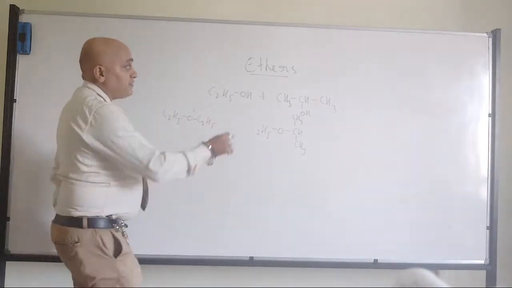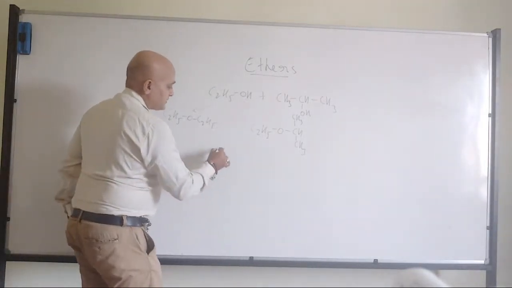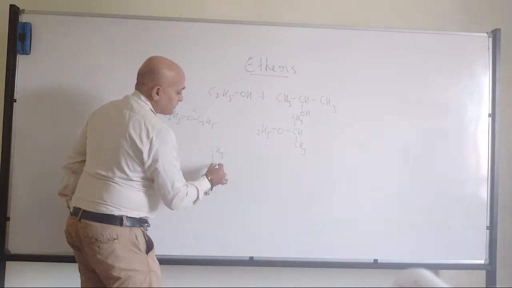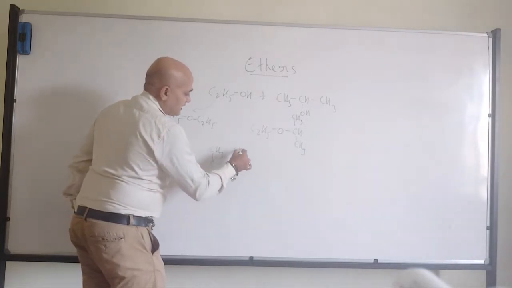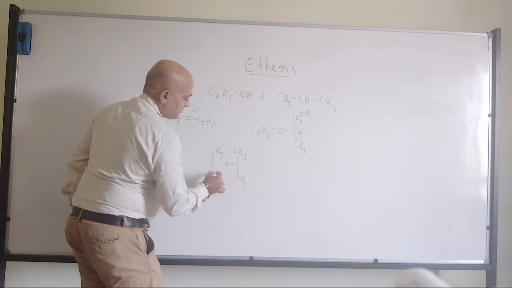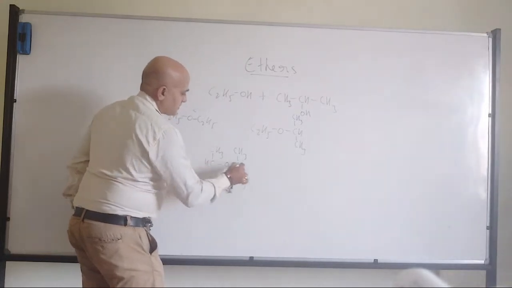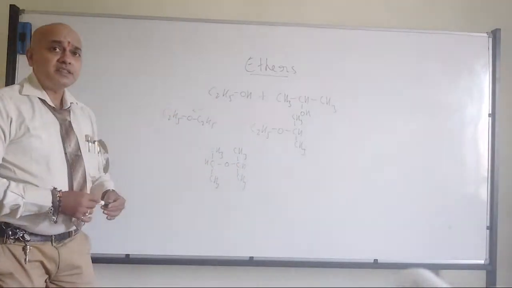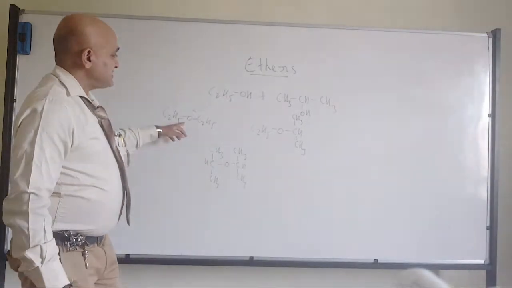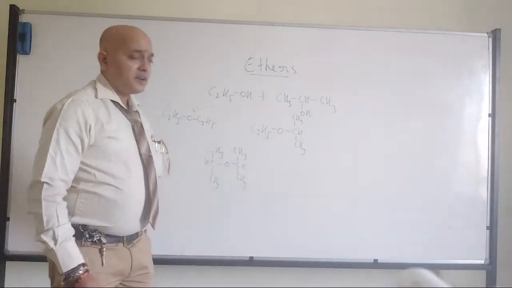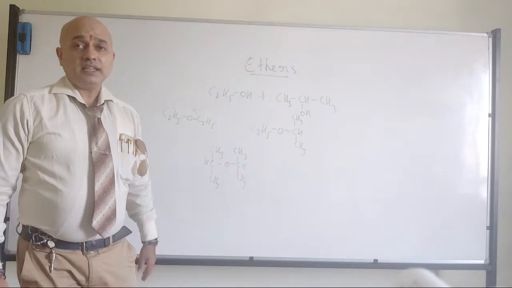Mixture. Same way, isopropanol can interact. So this can be another one. What I mean to tell you is this will be a product, this will be a product, right? So that is one thing.